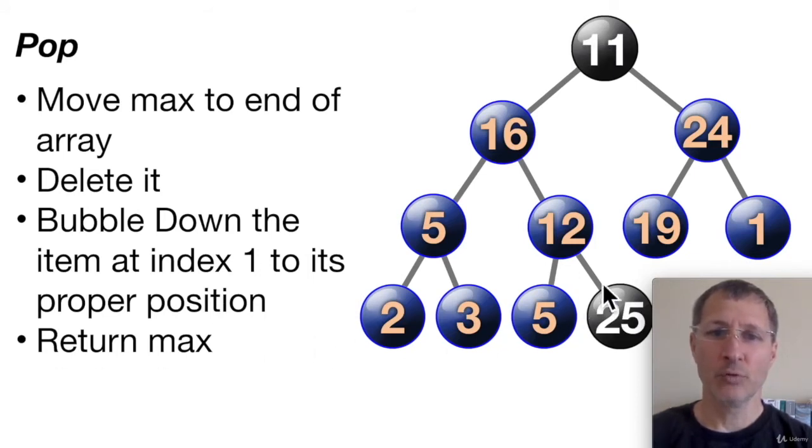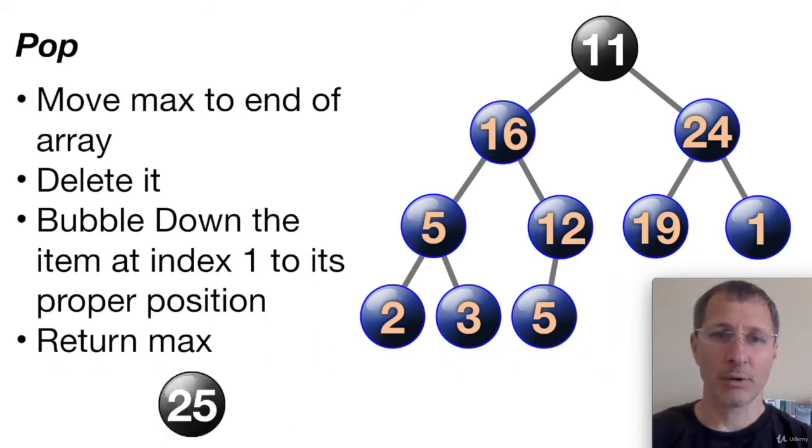Now we can remove 25 from the heap without affecting the rest of the heap. It's in the last place. It doesn't affect anything else in the heap. Our next step is to bubble that 11 down to its correct position. So we compare 11 to 24. 11 is less than 24, so it needs to move down. Next, we're going to compare 11 to 19, and 11 is less than 19, so that's going to swap places.